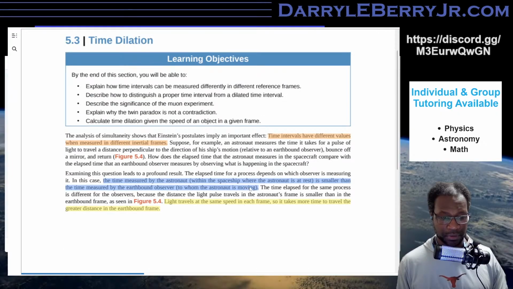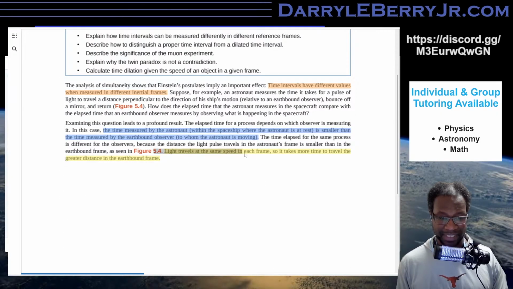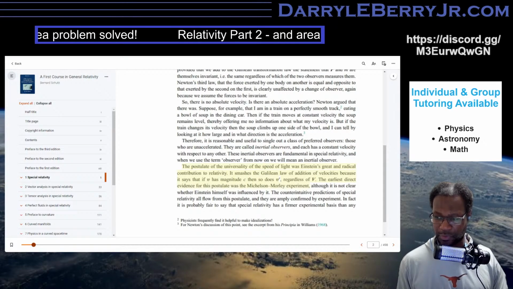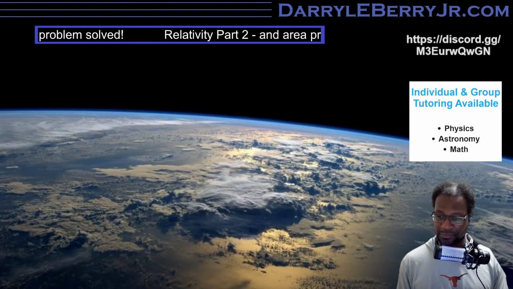Light traveling at the same speed. So I figured we would take a look at that, and we'll get to a certain part in the paper. We won't get through the whole paper today, but perhaps each week we'll look at it a little bit because it's quite relevant.